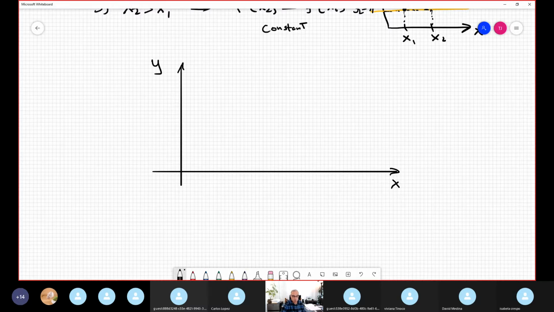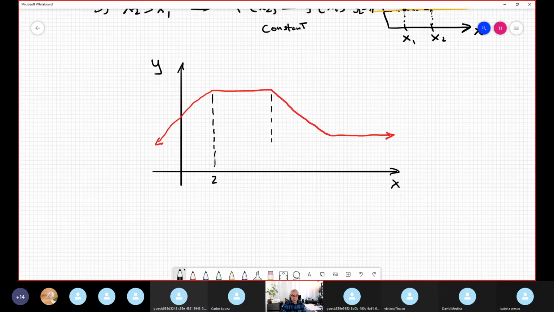Suppose here and here, maybe it continues forever, and maybe it continues forever here. Of course, given that point, maybe this point is 2.